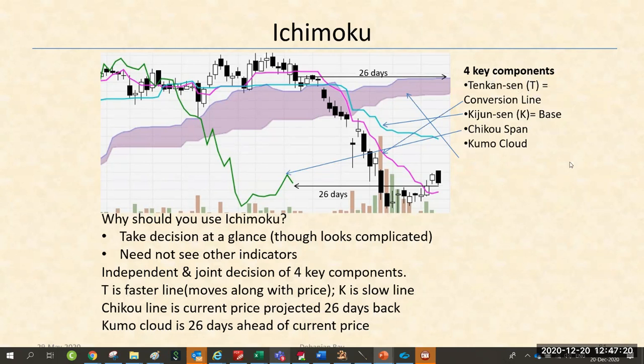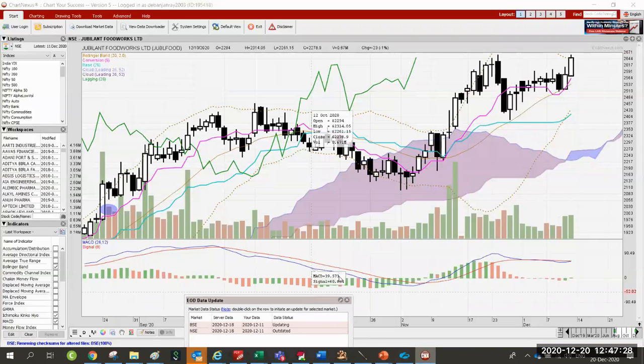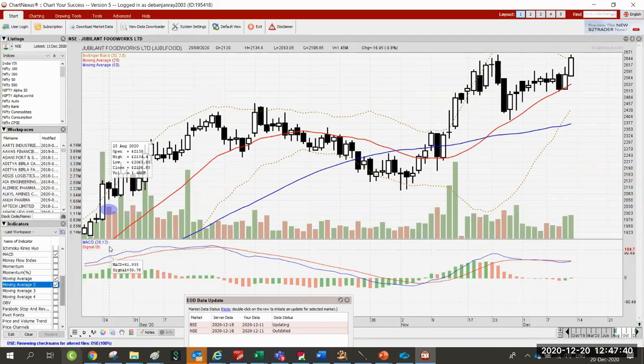The first comparison is with your moving average. Let me go and see the moving average. For that, I will put up the Ichimoku signal, and I will put on only the moving average. So I put on the 20-day and the 50-day moving average.